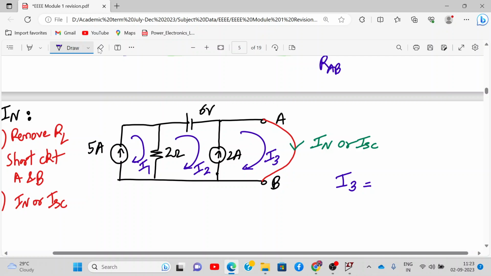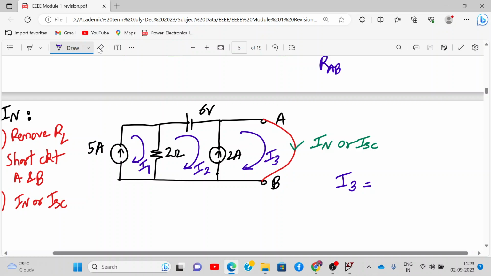2 ampere? No, no, no. How much is I3? What did you tell? No, it's not 2 ampere. How is it 2 ampere? See, this 2 ampere current source is shared by I2 and I3, so it's not I3's alone. I2 will call it mine, and you are calling it I3's.